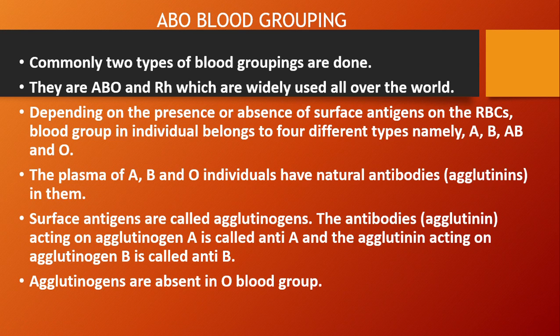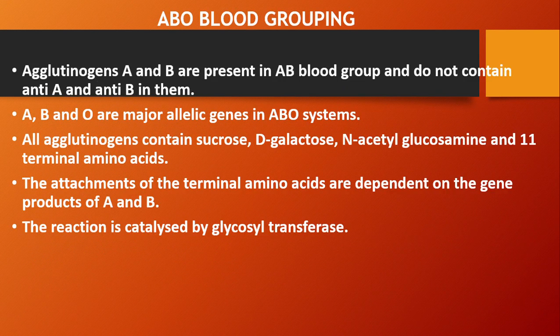And no antigens or agglutinogens are present in the O blood group. But the O blood group has both antibodies A and B in plasma. Whereas in blood group AB, A and B antigens are present on the surface of RBC, but no antibodies; neither anti-A nor anti-B is present.